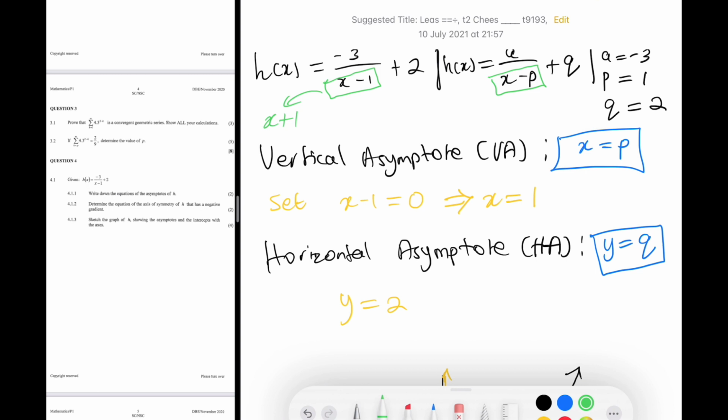So what do you do then? This is not of the form x minus a number. It's x plus a number. So to get the value of p, you'd have to rewrite this using negatives. X plus 1 will be x minus negative 1. This implies that p is equal to negative 1 in this case.